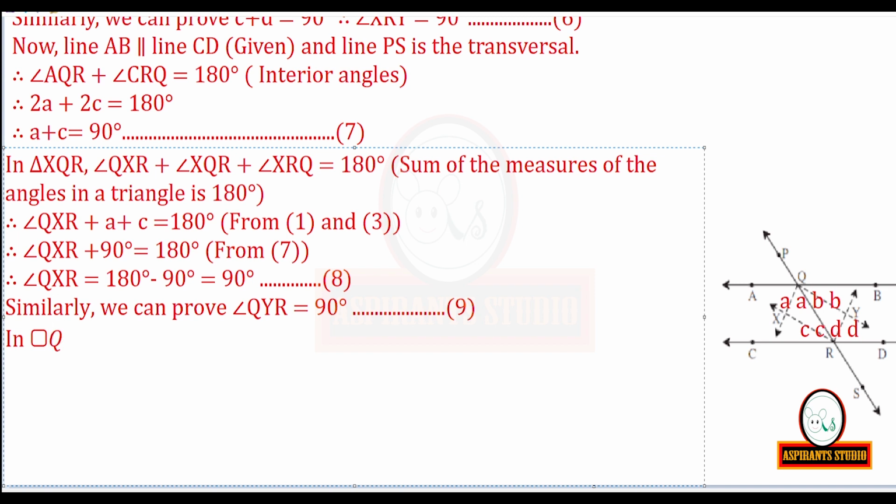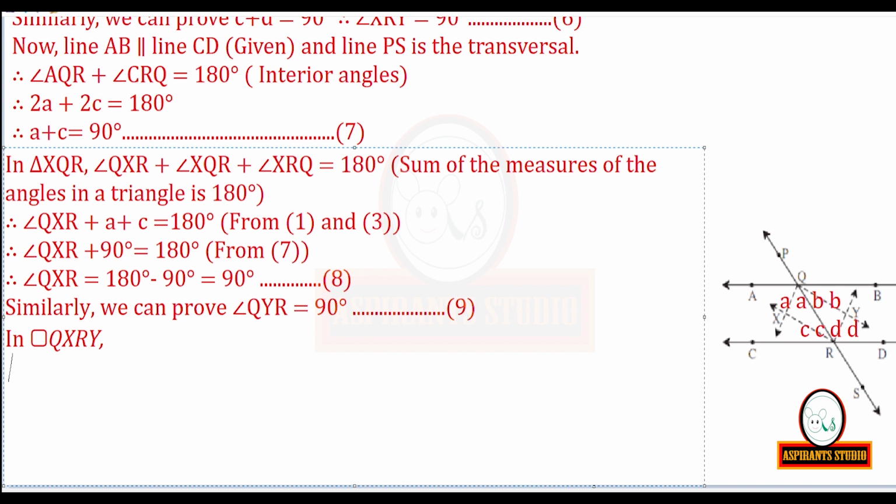Now because of the fifth equation, sixth equation, eighth equation and ninth equation, we are getting measure of angle XQY is equal to 90 degrees, measure of angle QXR is equal to 90 degrees, measure of angle XRY is equal to 90 degrees, and measure of angle RYQ is equal to 90 degrees. So when you combine this and write in one statement, how will you write?